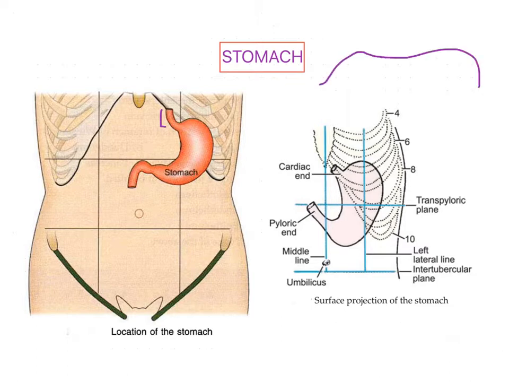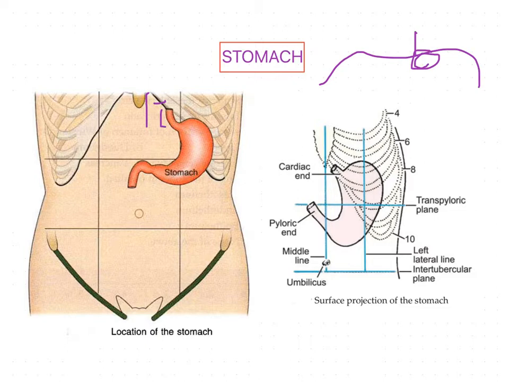Through this opening, the esophagus enters into the abdomen. This opening is situated at the level of the T10 vertebra, slightly to the left side of the median plane.